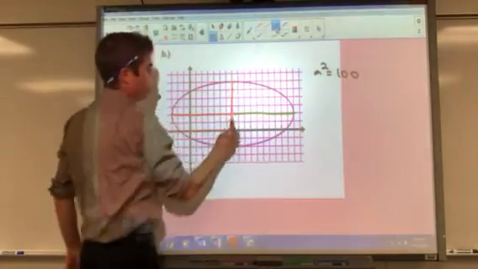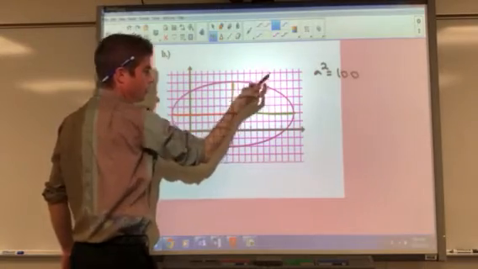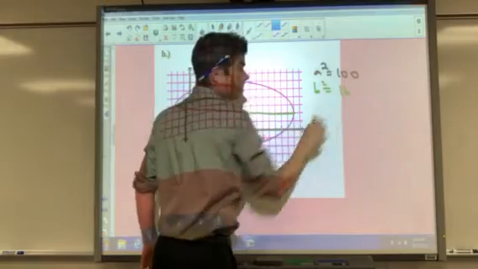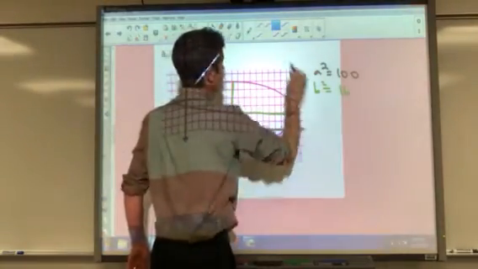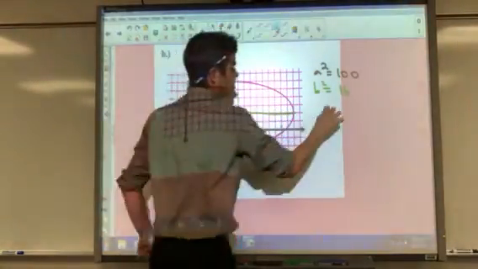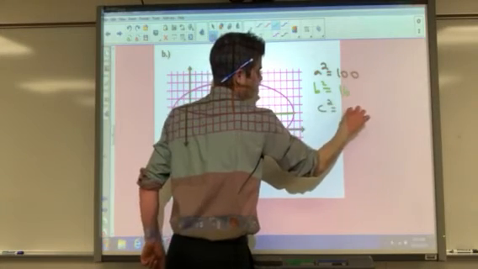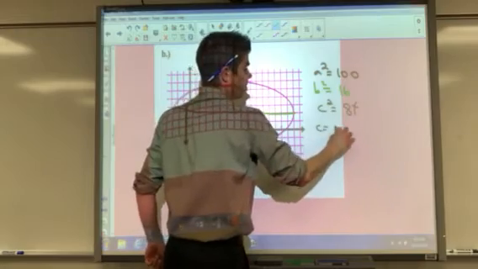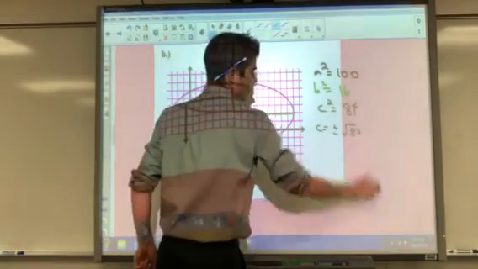And then my b value, 1, 2, 3, 4. So b squared, oh that's fun, is 16. So then I subtract the two: c squared is equal to 100 minus 16, which is 84. So c would equal plus or minus root 84.